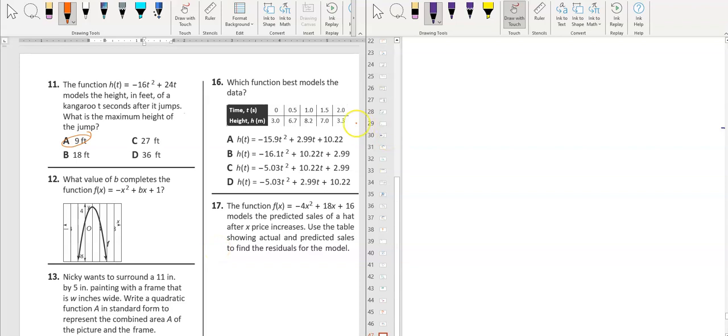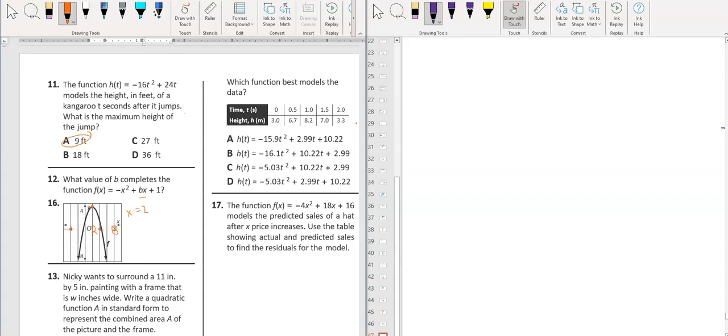Okay, on number 12, we're still looking at standard form, and we're trying to find b. It gives us a graph, and from the graph, I know here's my vertex, and it's kind of hard to see on this graph, and I do apologize for that, but this is negative 4, this is 4, and this is 8, okay? And so that means that my x is 2.